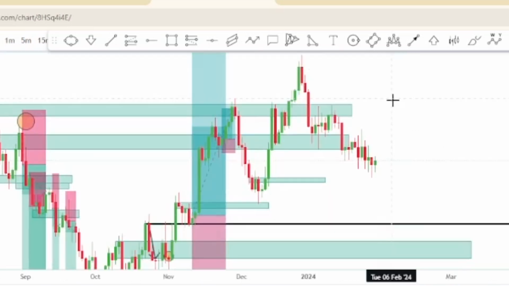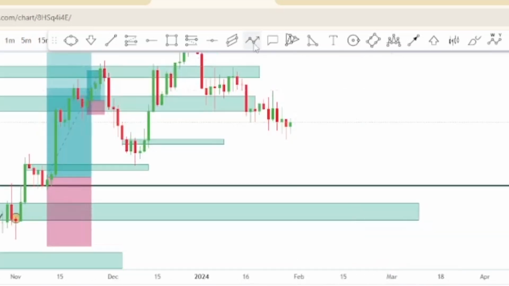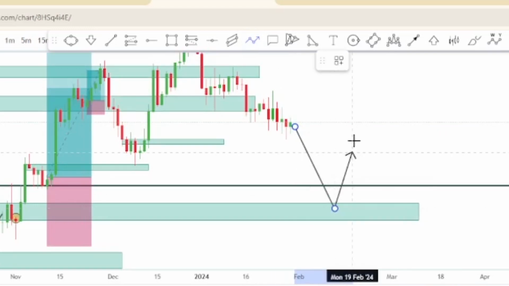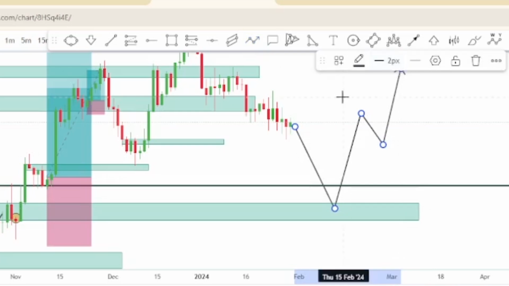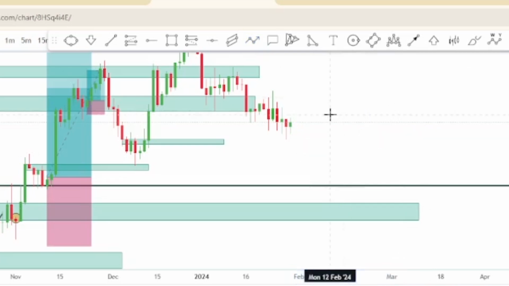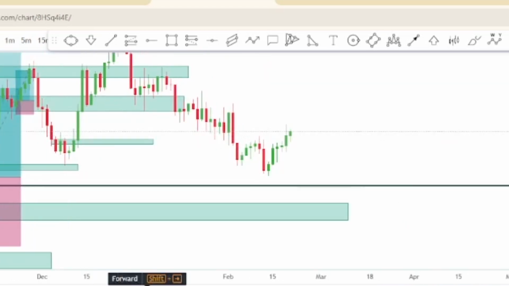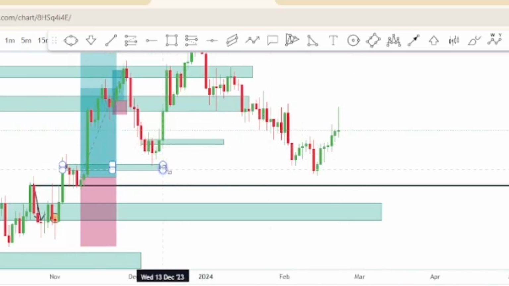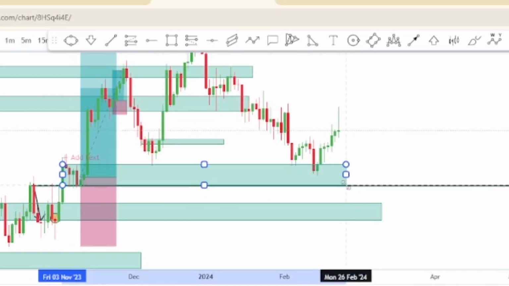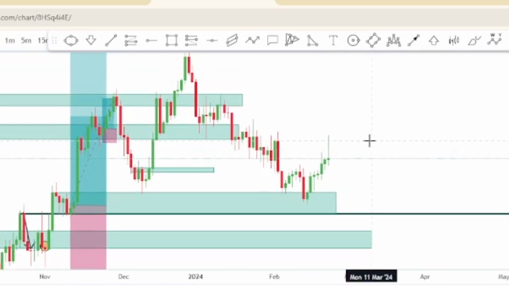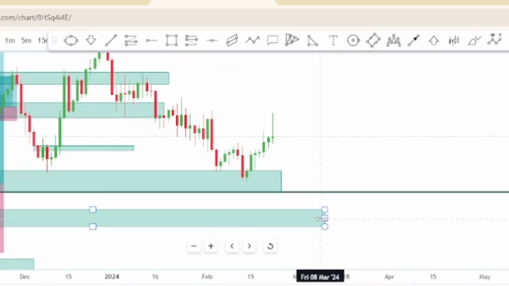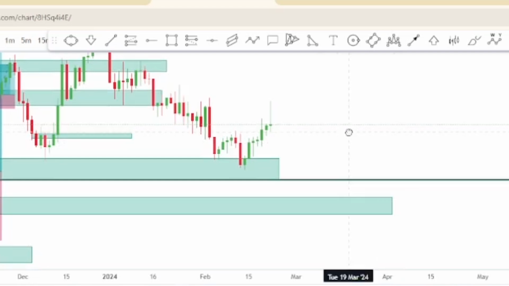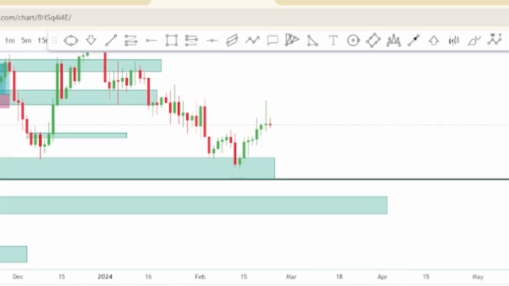Now I'm waiting for a retracement from this area so that I can go for buy. Let's see if the market can get down there and then we go for buy. Okay, we are rejecting from this area, so I'm also going to be waiting from this area. Let's see what the market is going to give us.